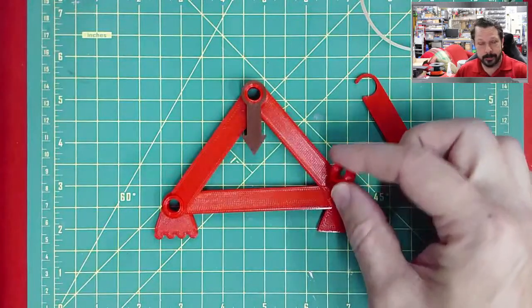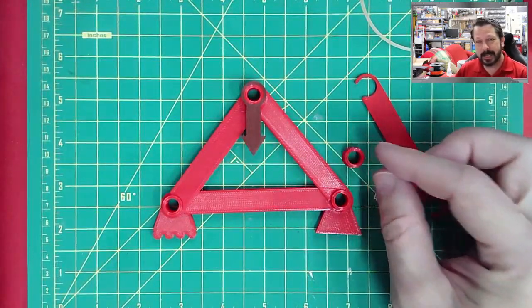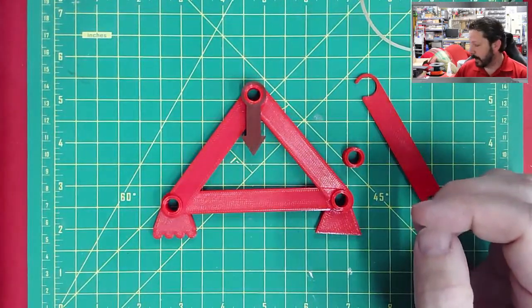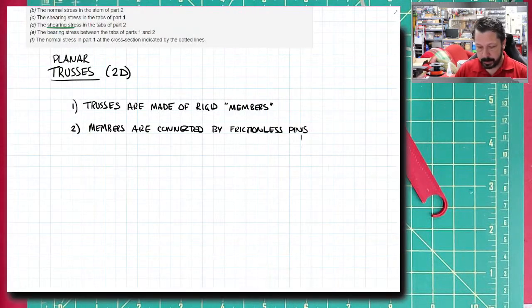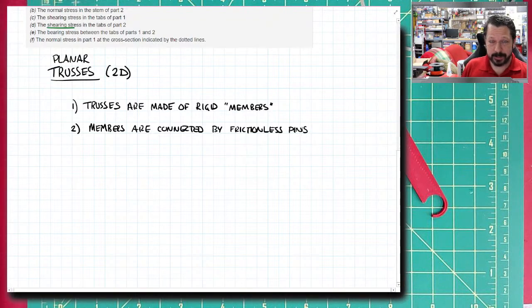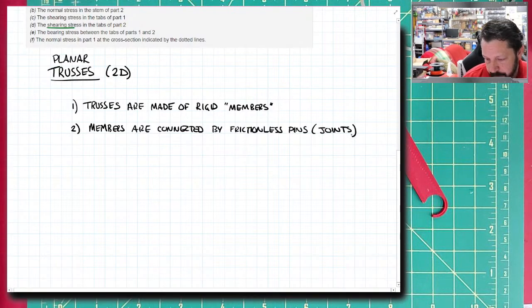It doesn't let things rotate around it, but it's serving the same function as the pin, and that's how it gets built a lot of times in the real world. But when we analyze the truss, whatever the configuration is in the real world, we're modeling it as a frictionless pin. And these pins are called the joints. So you have members connected by pins at joints.